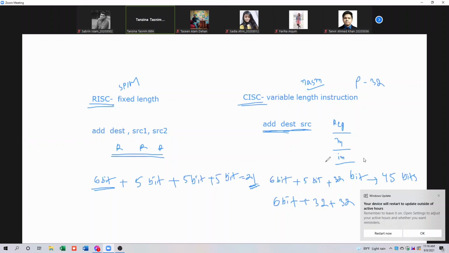In a CISC processor, we can use several types of addressing modes. For a particular addressing mode, you will get a particular number of bits in the instruction. So since we have different types of addressing modes in the CISC processor, we can have variable length instructions, for which processor? For the CISC processor.